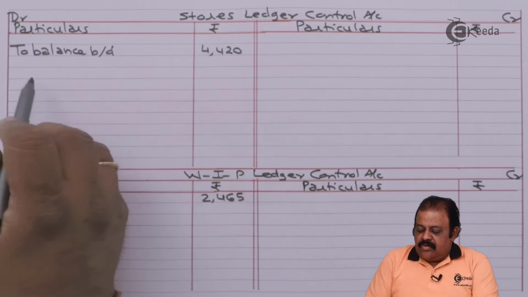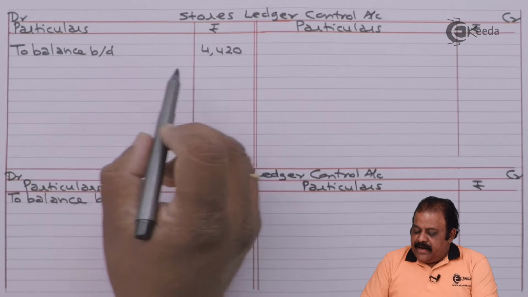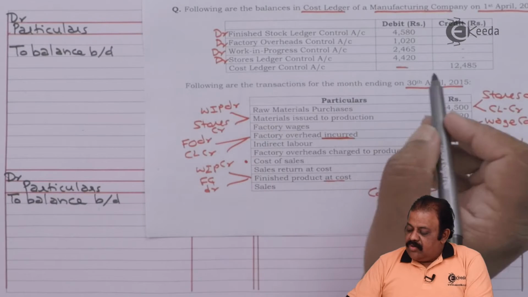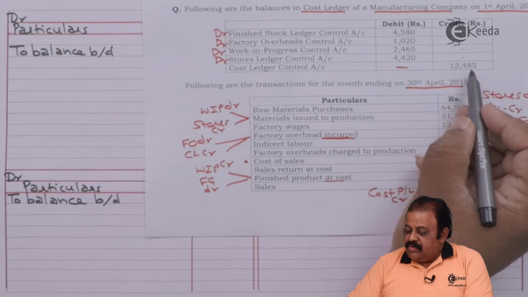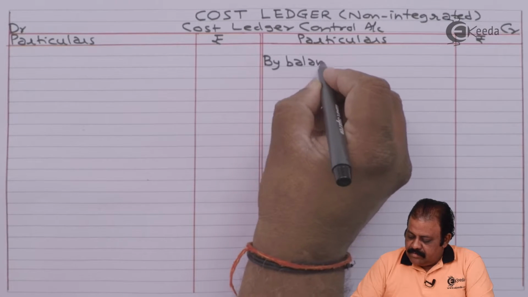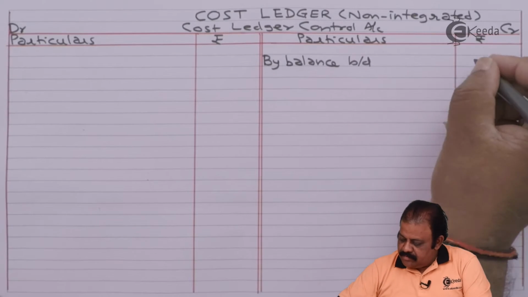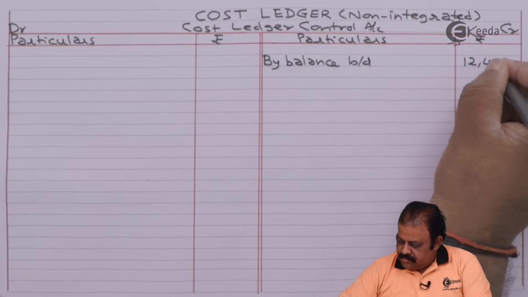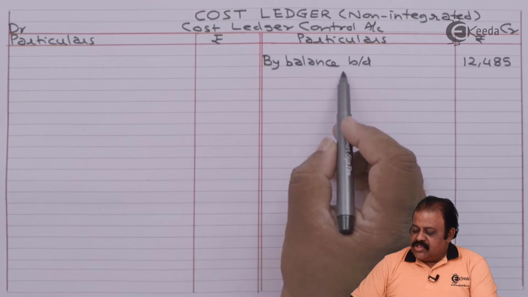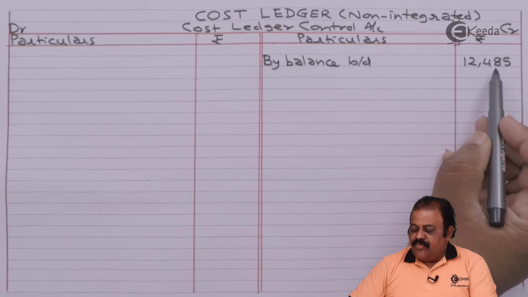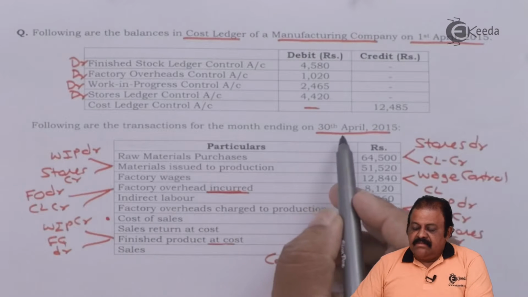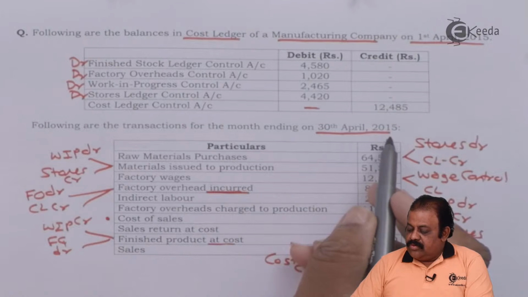Stores ledger control account debit, to balance brought down 4,420. Cost ledger control account credit 12,485, by balance brought down 12,485. Following are the transactions for the month ending 30th April 2015.